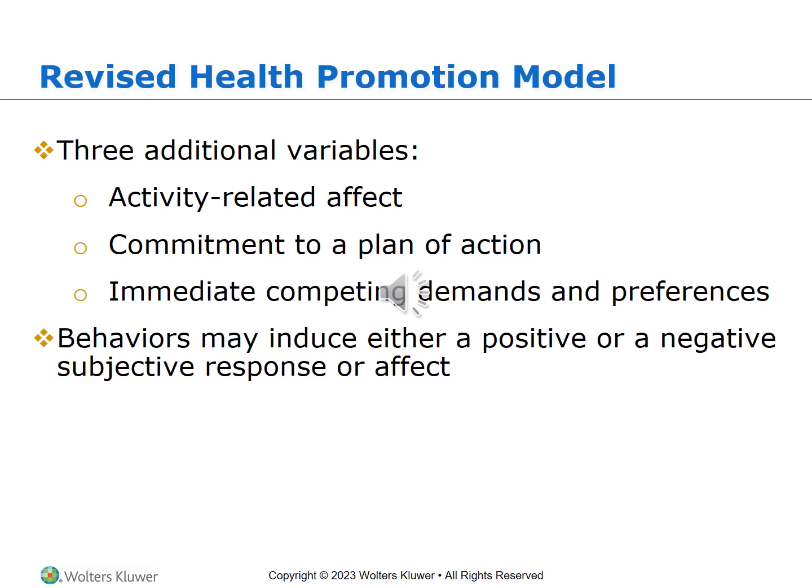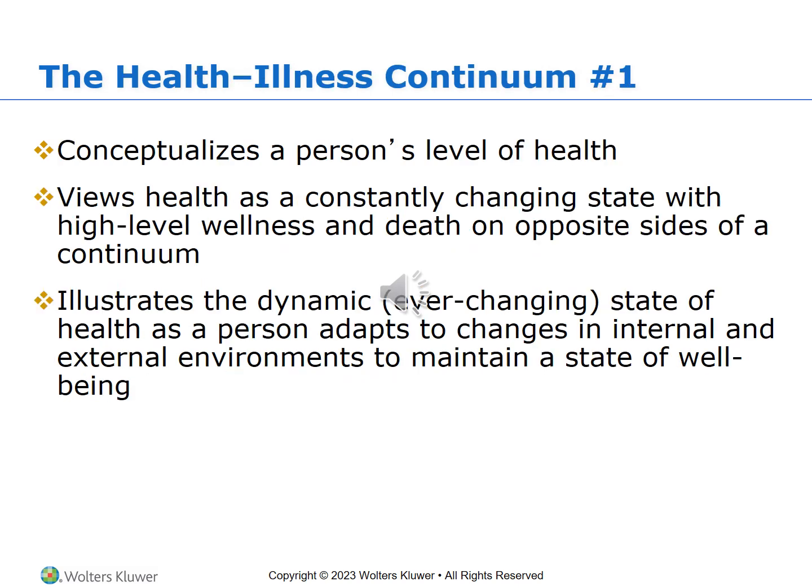Behaviors may induce either a positive or a negative subject response or effect. All right, so this was not mentioned on the second slide. However, this health promotion model was revised and it looks as if they added a few more variables.